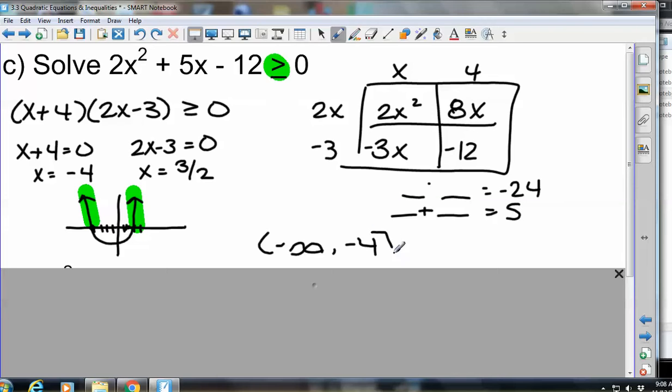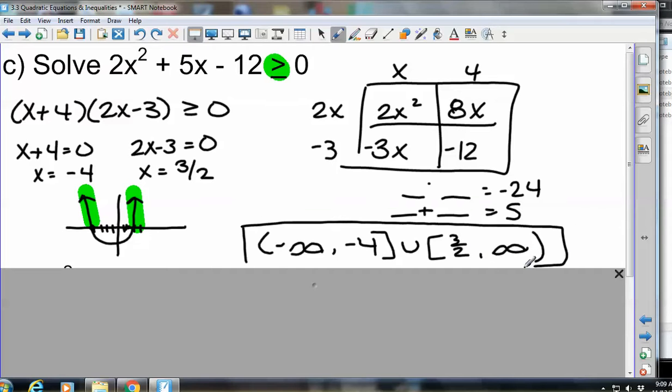We had the equal to, so that's a bracket. Or you could start at 1.5 or your 3 halves and go to infinity. Questions on that?